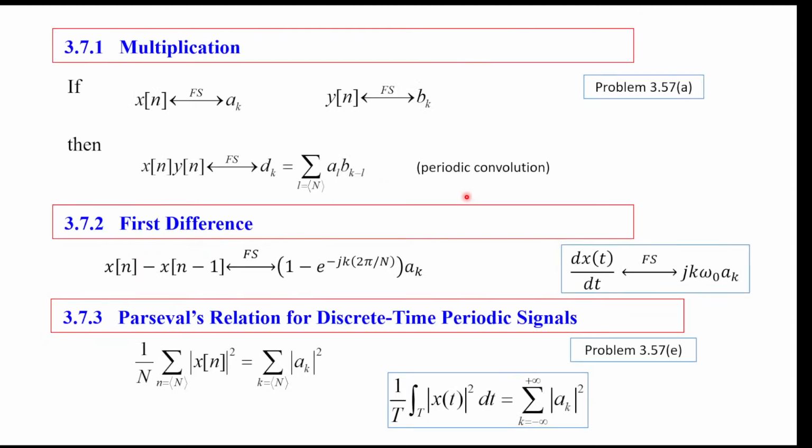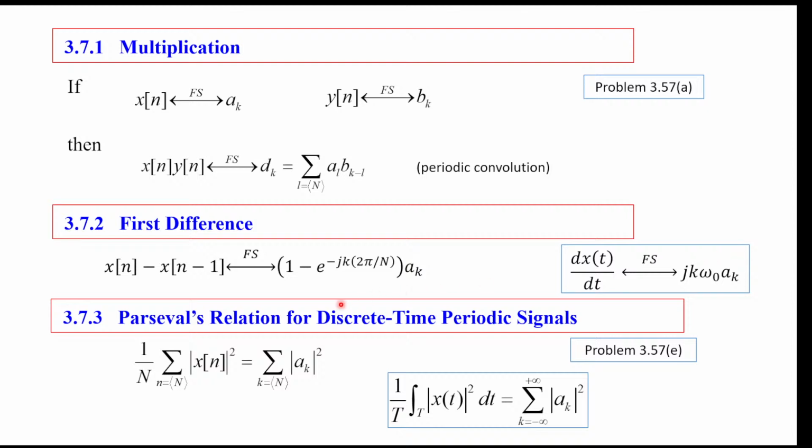And the next property, which is different from the continuous time case, is this first difference. As a reminder, in continuous time, if you do a differentiation, if you take a derivative of your signal, then you get this factor jk omega naught on your ak.